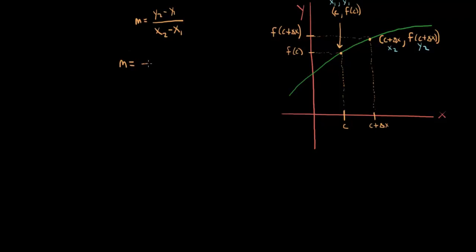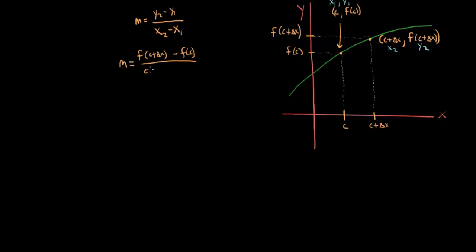So m equals, it's a fraction, so let's draw that. It's going to be y2, which is f of c plus delta x, minus y1, and y1 is f of c. On the bottom we have x2 minus x1.